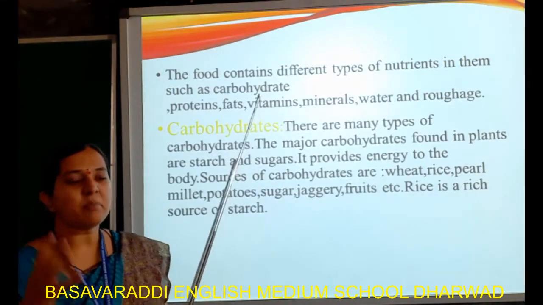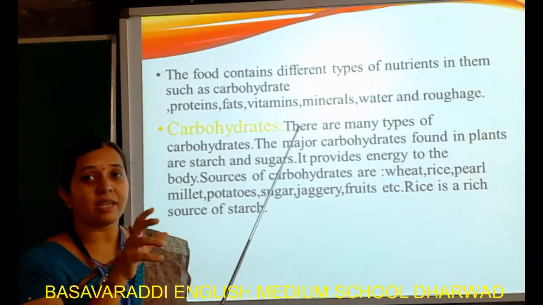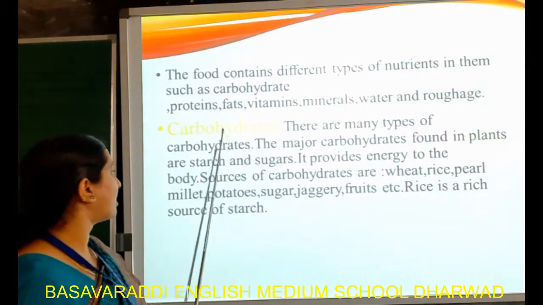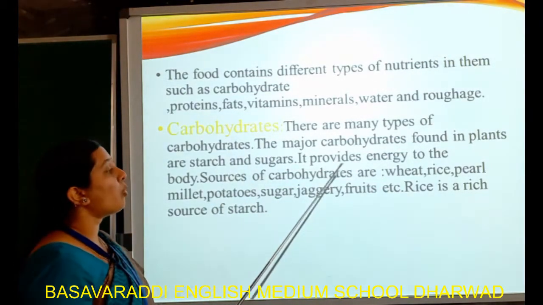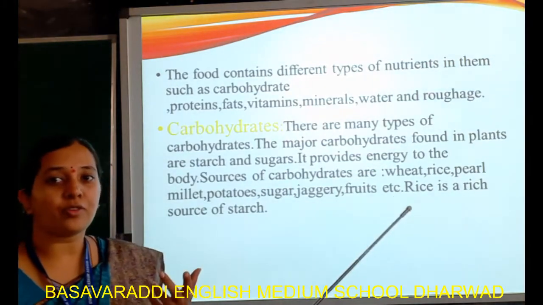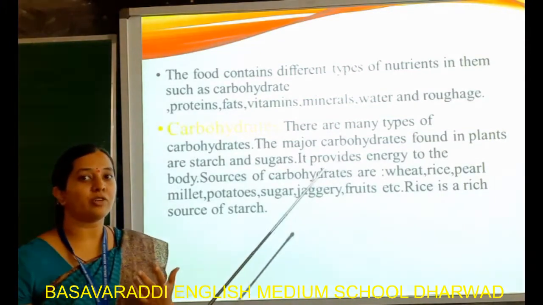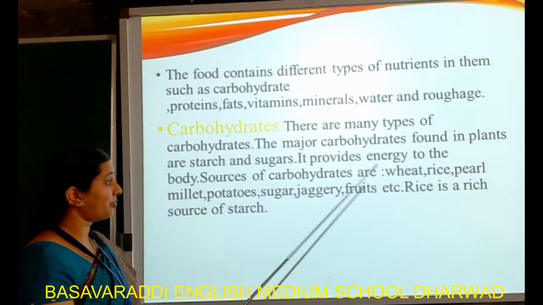The most important carbohydrate types that you find in plants are starch and sugars. Carbohydrates are meant for providing energy to the body.